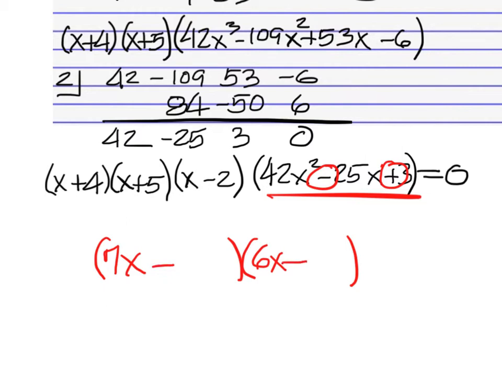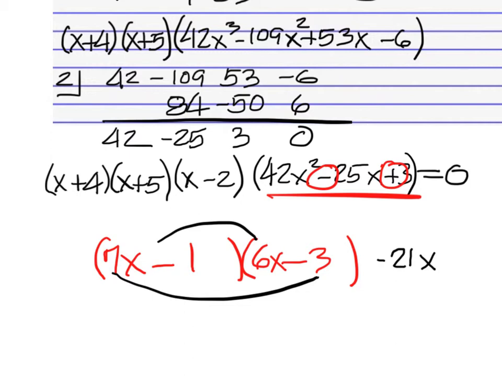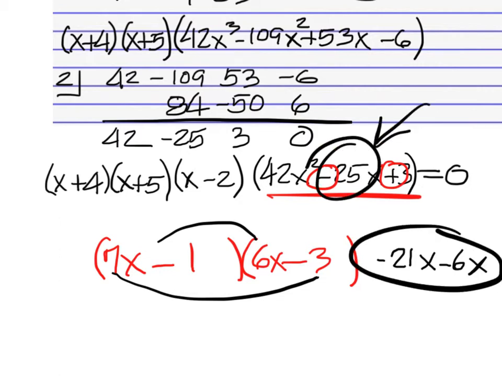And the factors of 3 are pretty simple, 1 and 3. So let's just try it and see what happens. To check it, you go here and here. That's a negative 21x, and then here and there you have a negative 6x. Does that give us the middle term of negative 25x? Right here, does this give me this?